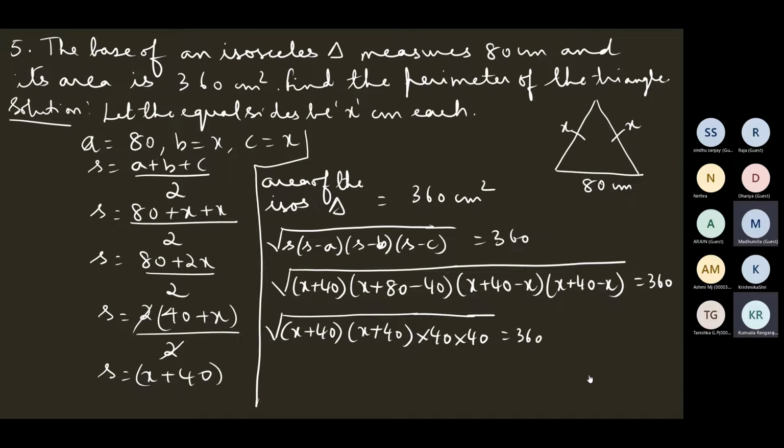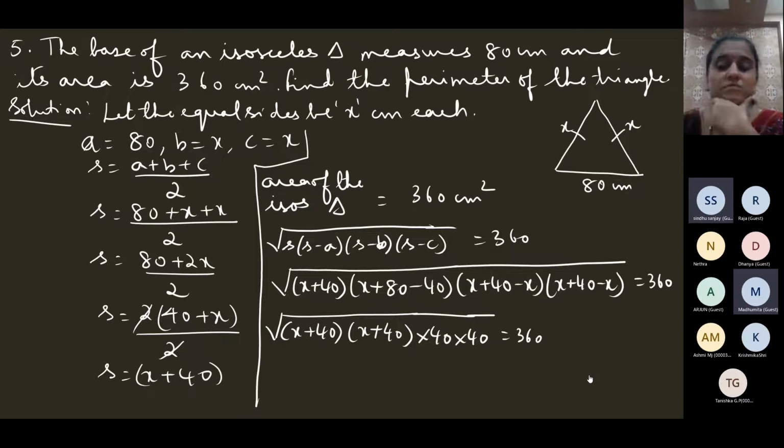Ma'am, it's supposed to be x plus 40 plus 40 minus 80, ma'am. One minute. I better write. I'm not able to make out. I'll just write it myself again. One minute.